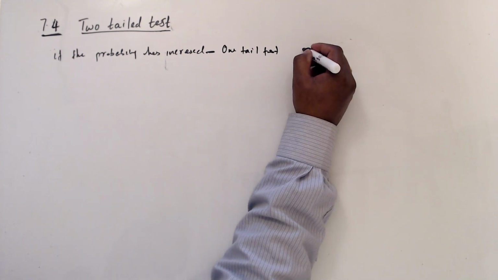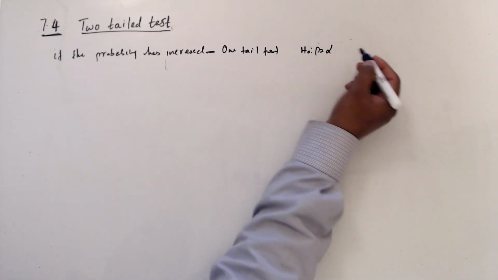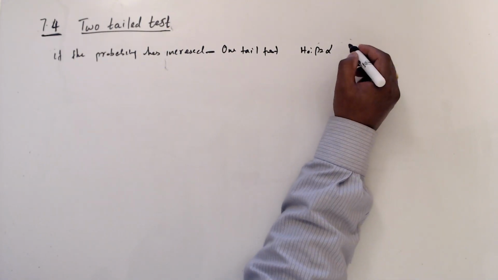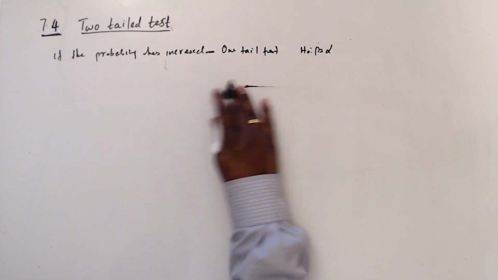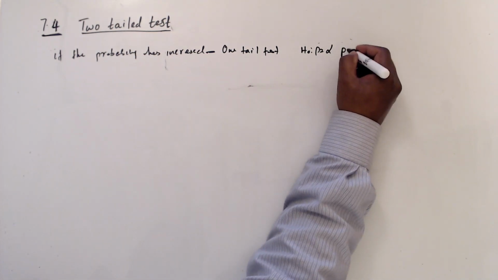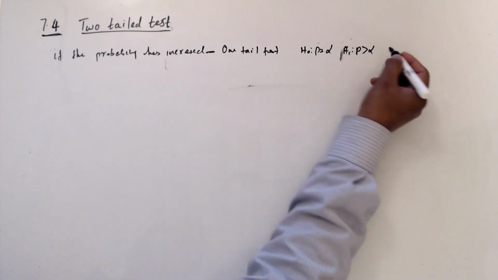So assume H naught is P equal alpha, and we know the alternative H1 is P greater than alpha.